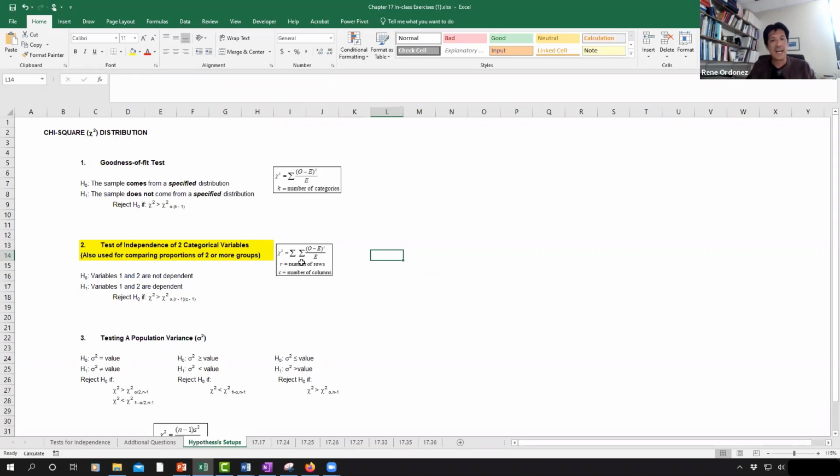This particular chi-square test can also be used for comparing proportions of two or more groups. If you recall, in chapter 10 we talked about a procedure for testing a population proportion, meaning one population. And in chapter 11, we looked at the Z distribution, or the normal distribution, as a way to compare the proportions of two populations.